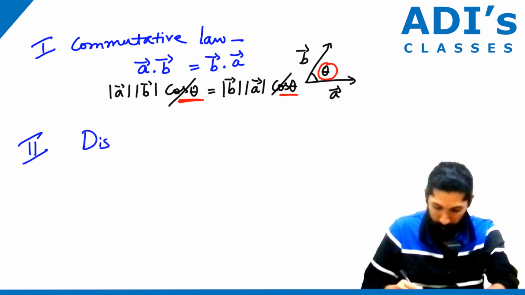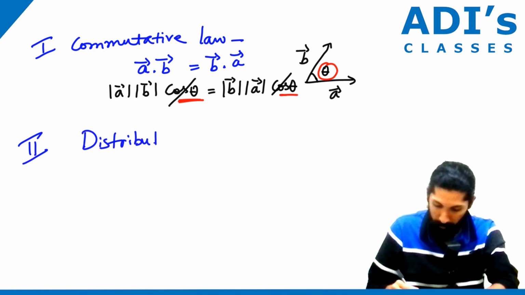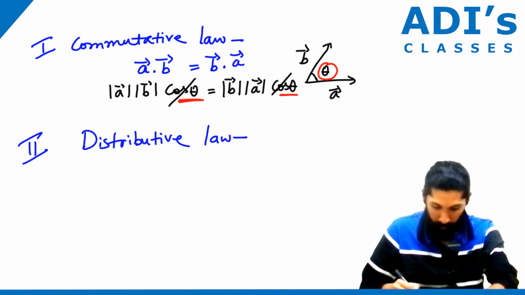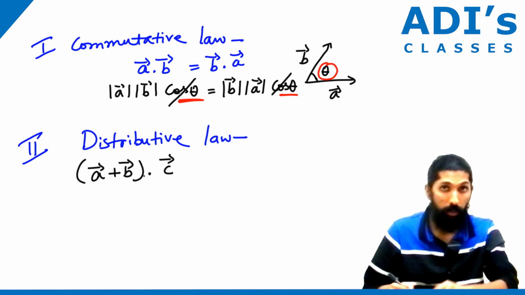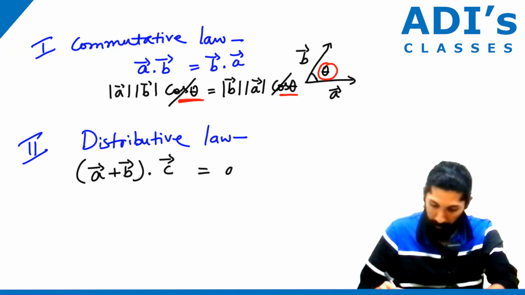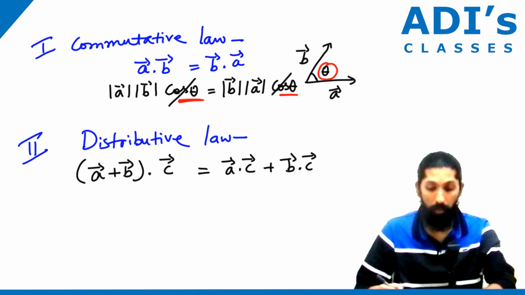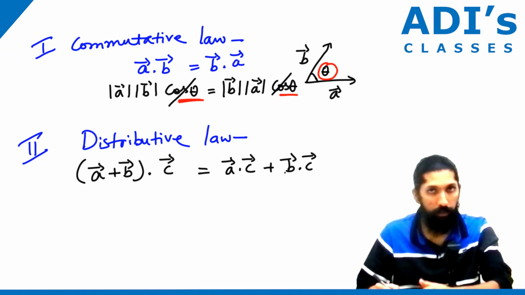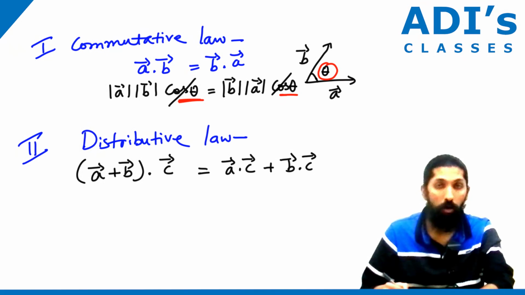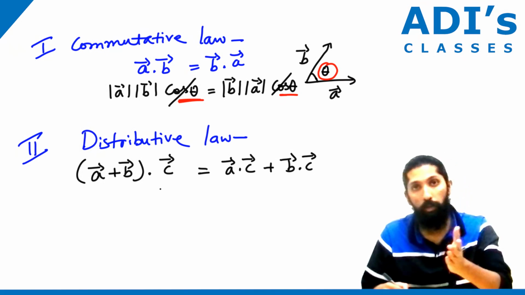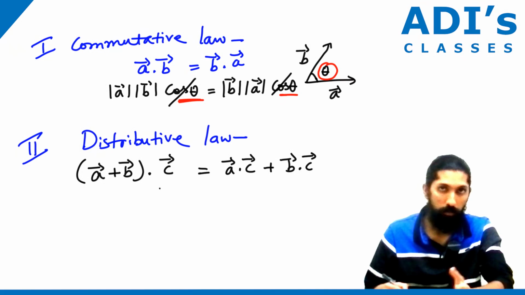The next law is the distributive law. Okay, so we are looking at distributive law. Now in this case, suppose you have vector A plus vector B dot vector C. This becomes vector A dot vector C plus vector B dot vector C. Okay, so we get both A dot C plus B dot C. So this is distributive law of multiplication over addition.